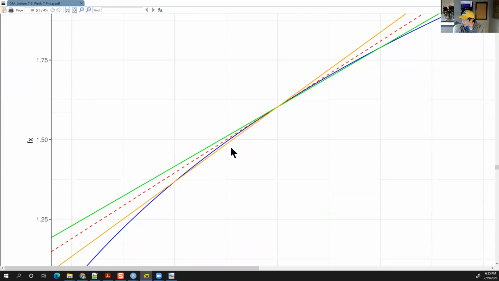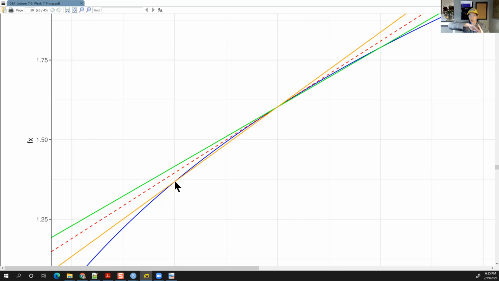Okay, so here, this red dashed line is the true tangent line. This orange line runs through the point and is basically a secant line where one of the points is in the middle and the other point is over on the left side.